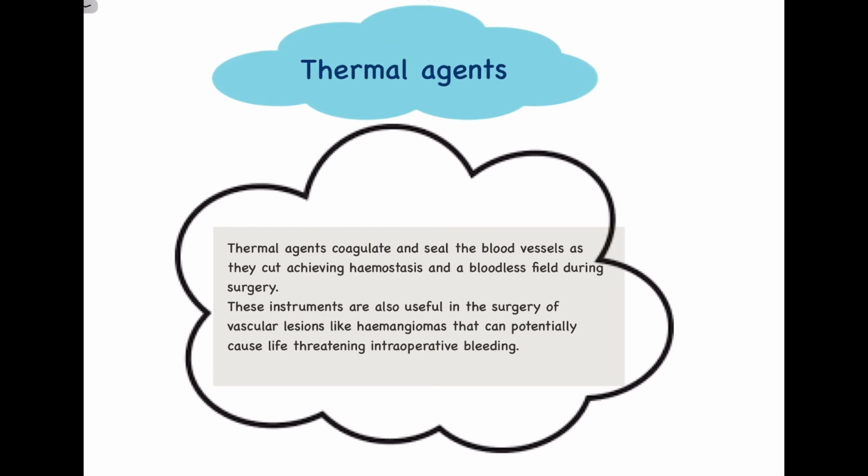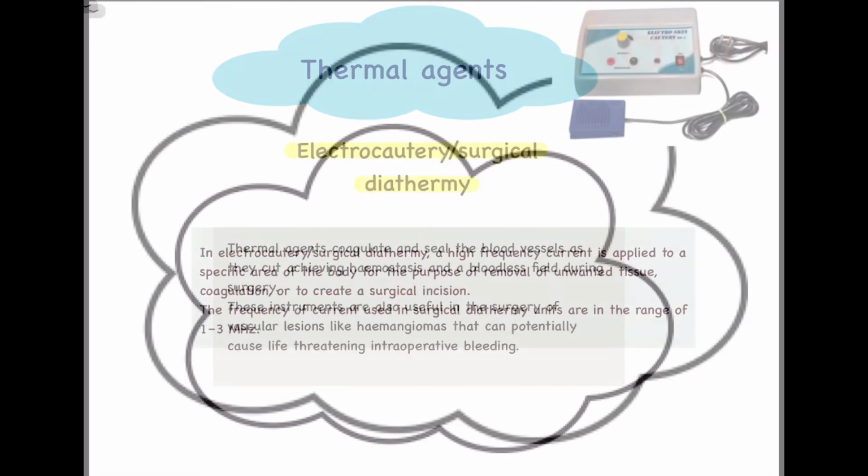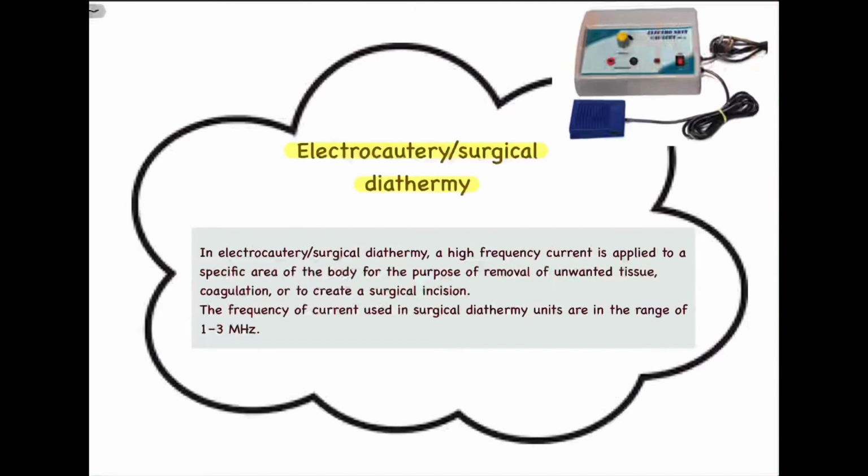If the agents used under these thermal methods are not used carefully, this can lead to various lesions like hemangiomas, and can also lead to a large amount of intraoperative bleeding. So whenever we are employing this thermal method to achieve hemostasis, we should be very careful, as it is a double-edged sword.